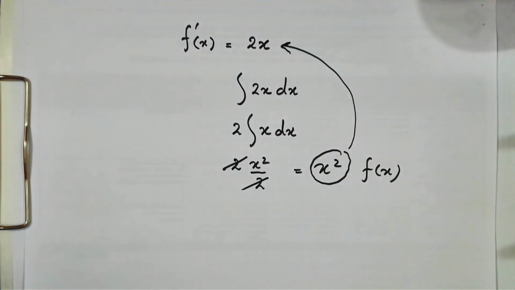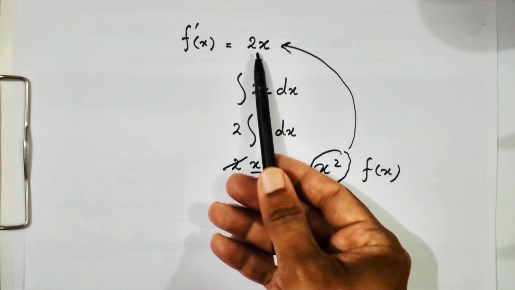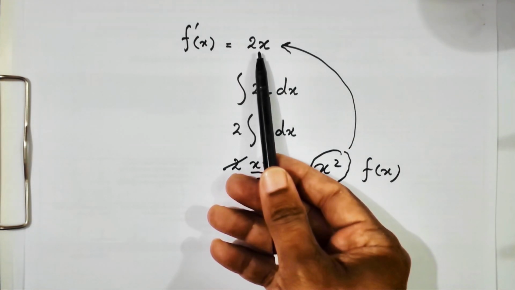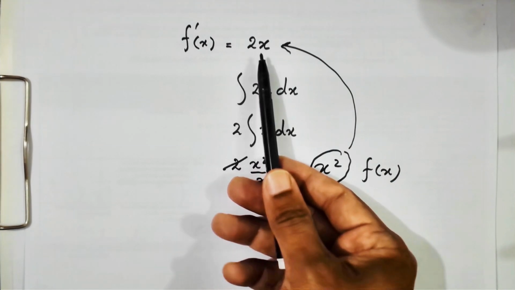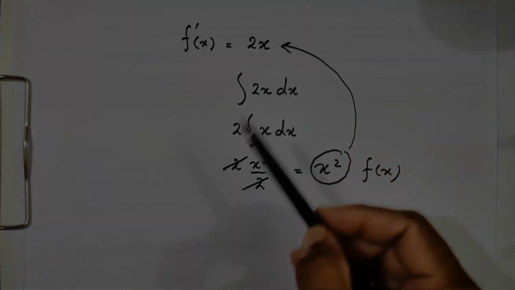That's why integration is also called antiderivative, because integration and derivative are totally opposite to each other. If this is the derivative of a function and we require that function, we will do the integration and get the function whose derivative is given.